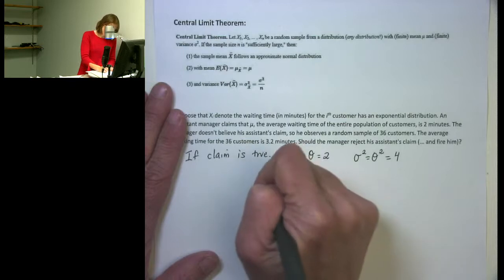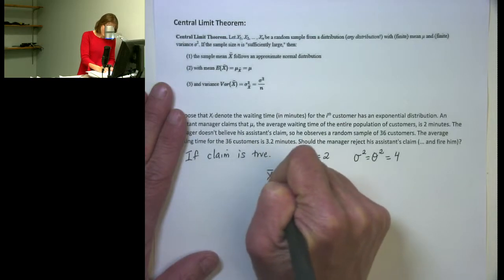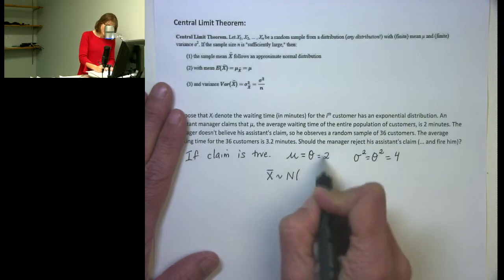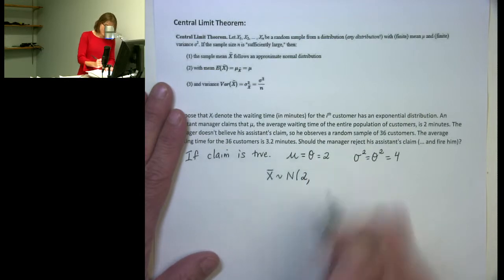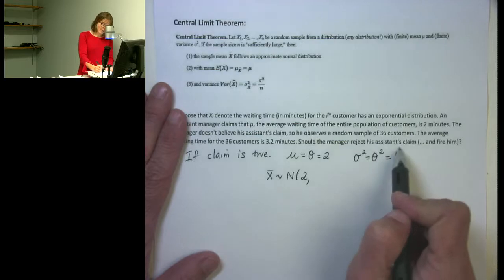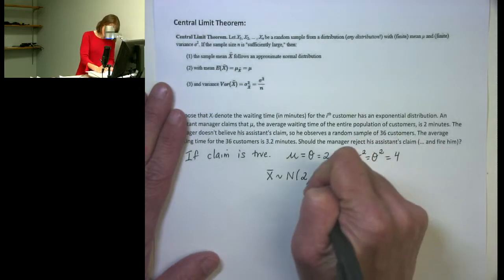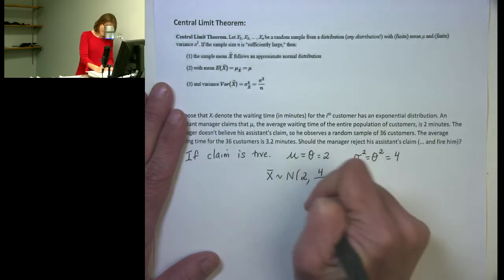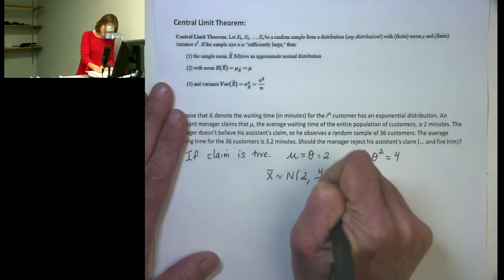So if the claim is true, then our sample mean would have an approximately normal distribution with a mean the same as the population mean, 2, and a variance that would be our population variance, 4, divided by n, which is 36 here.